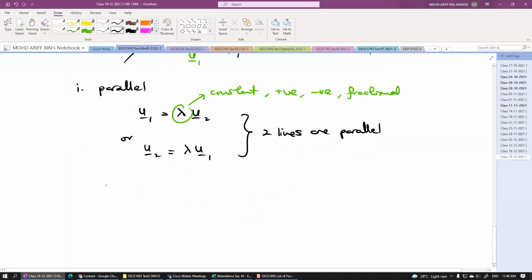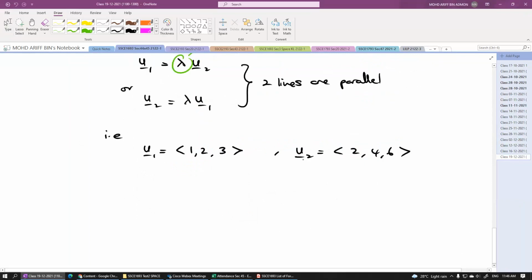So I give you an example: U1, a parallel vector to line 1. Let's say you get 1, 2, 3. And U2 equal to maybe 2, 4, 6. For this one, normally we choose the largest vector to be reduced into the smaller vector.